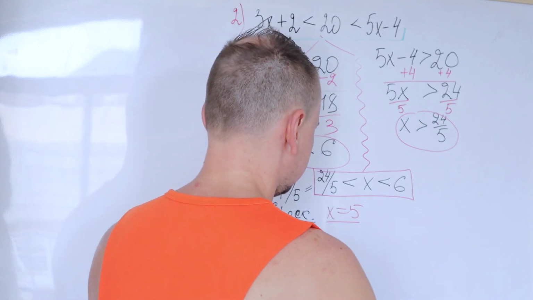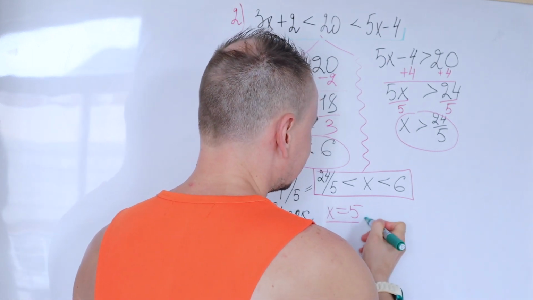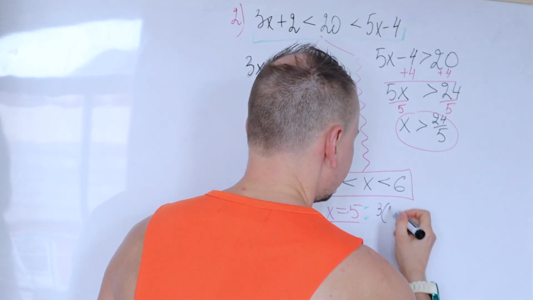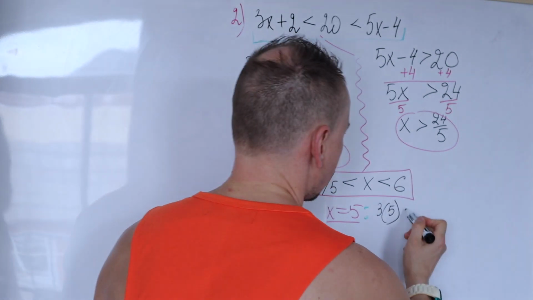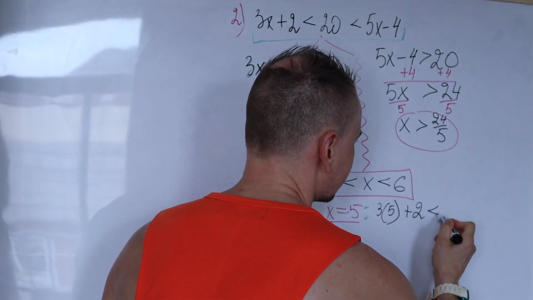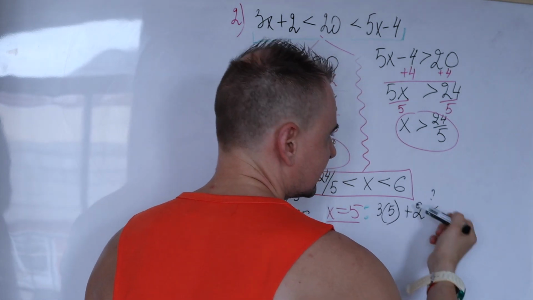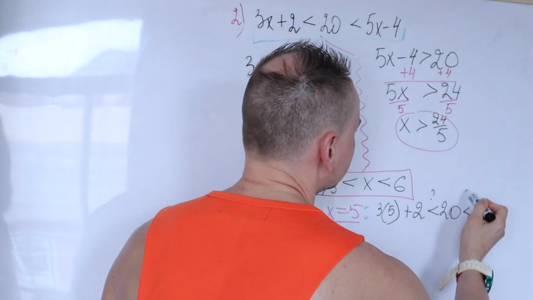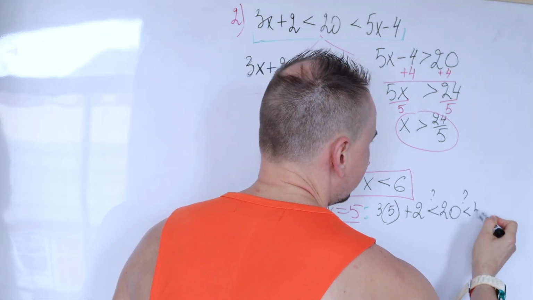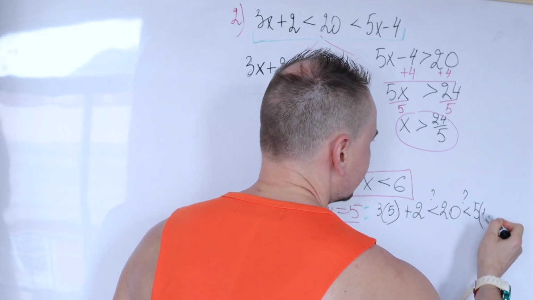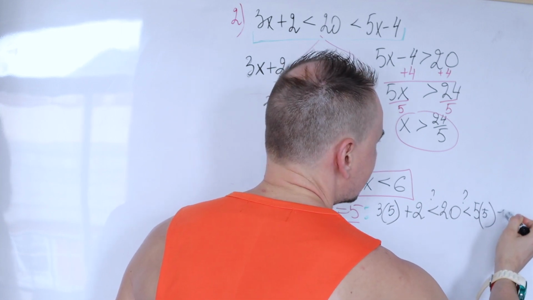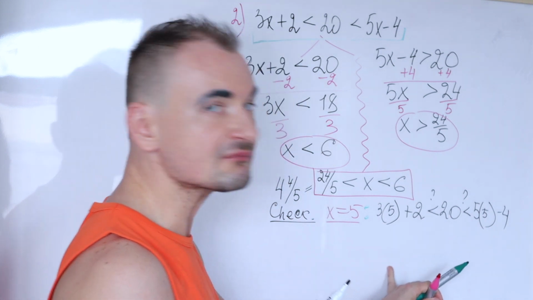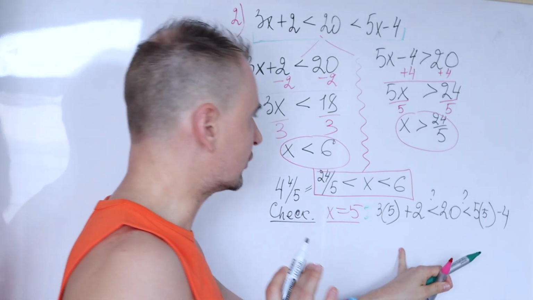So you would simply get 3 times 5 plus 2, and I will put a question mark over here. Is that true or not? And here as well, 5 times 5 minus 4. Let's check to see if it works.